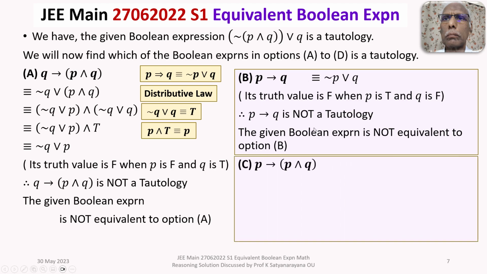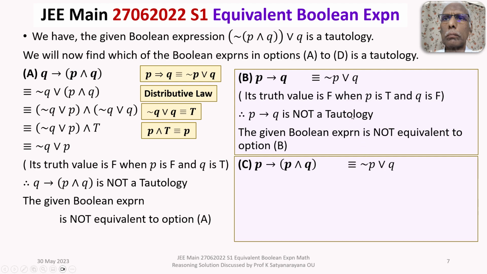We take option C. Option C is P implies P and Q. Look at A. If you interchange P and Q in A, you will get C. In the case of A, it is logically equivalent to negation of Q or P. Therefore, in this case, it will be equivalent to negation of P or Q, just interchanging P and Q. Agreed.